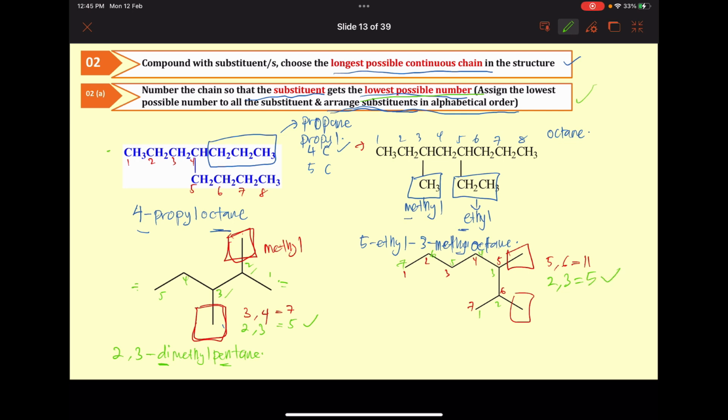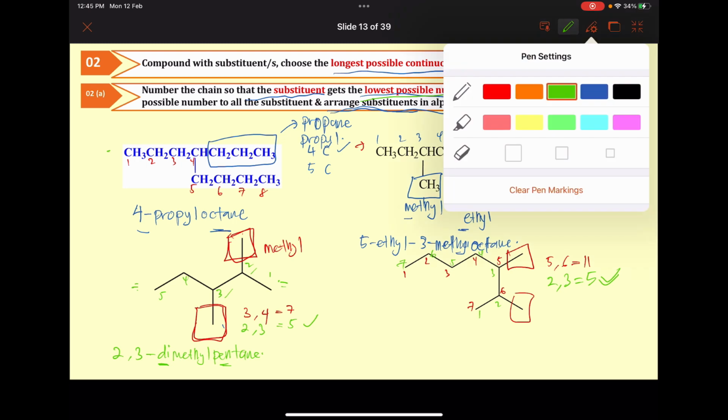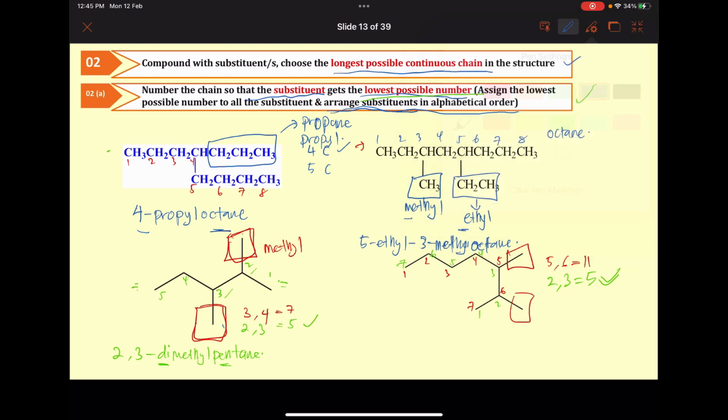So of course we will take the lowest possible number. Alright, to name the compound, since both of the substituents are methyl, don't forget the prefix di for the two methyls. So we can name it as 2,3-dimethyl.